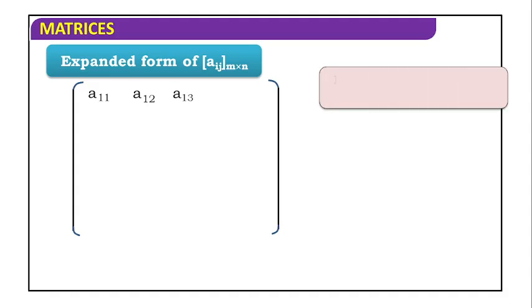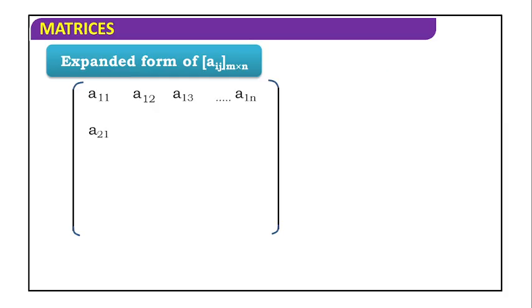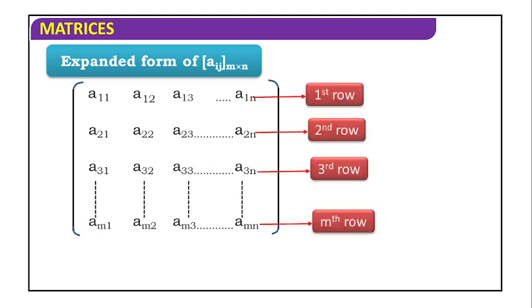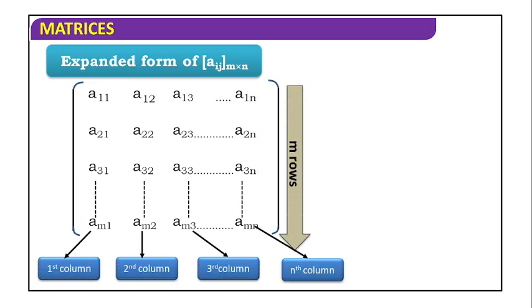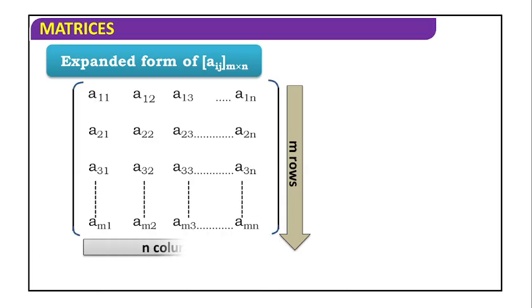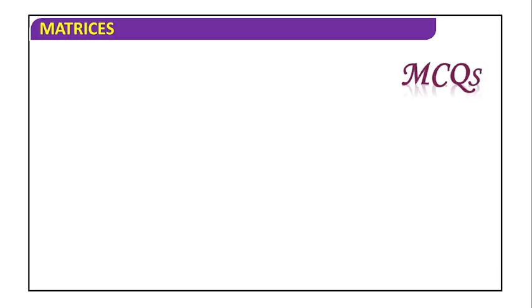In this way we write all the elements. Generally there are m rows and n columns, and the order of this matrix is m cross n.